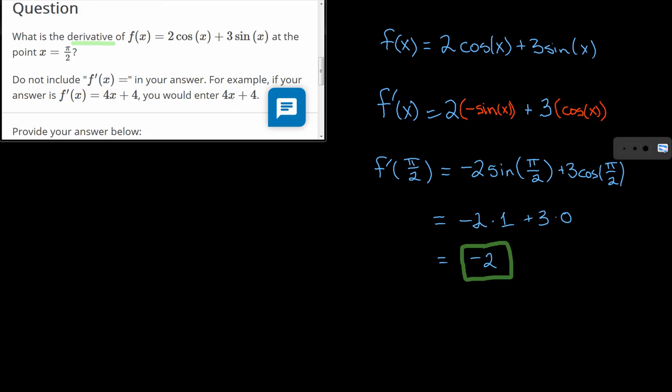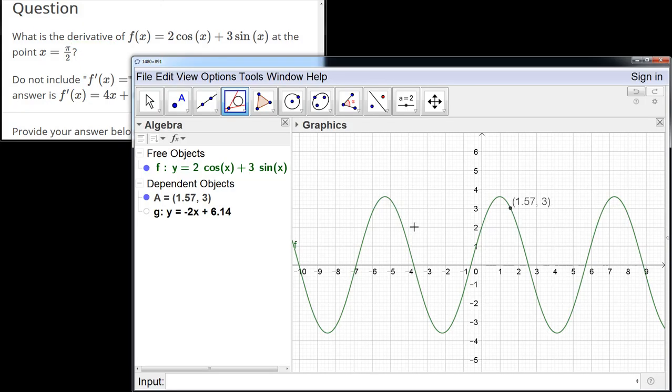So let's get rid of all of this. If I draw a picture, here's a picture of the function 2 cosine of x plus 3 sine of x.